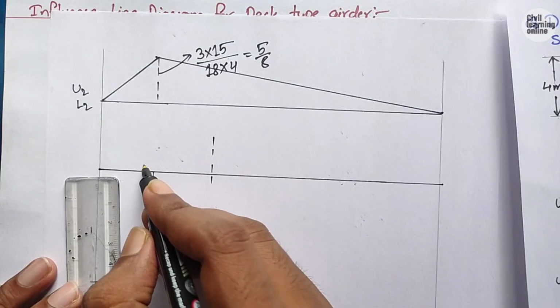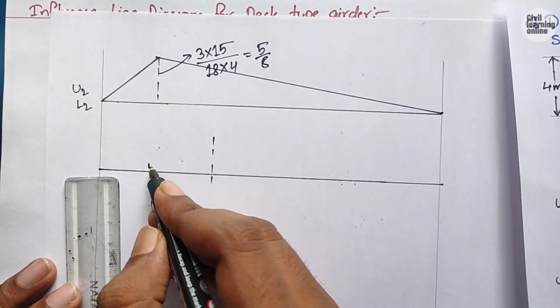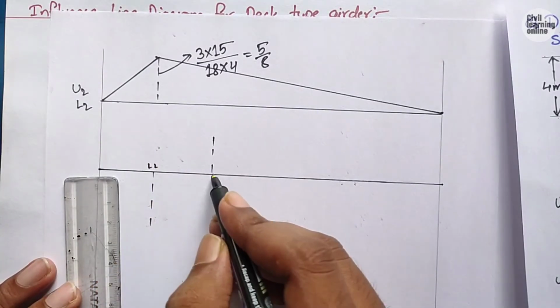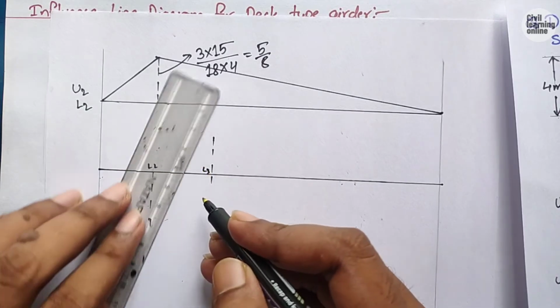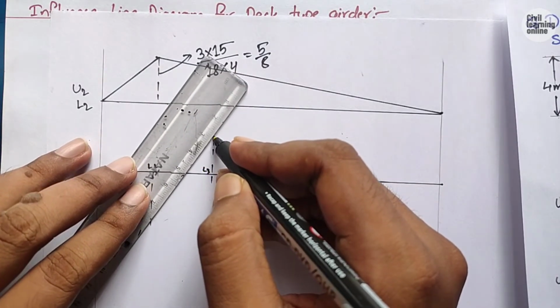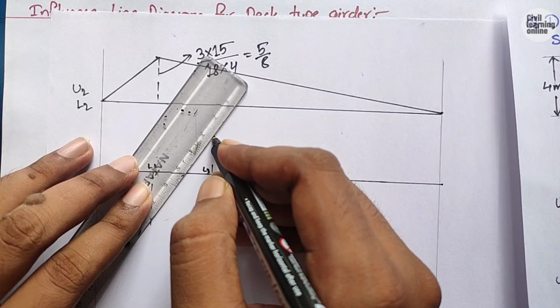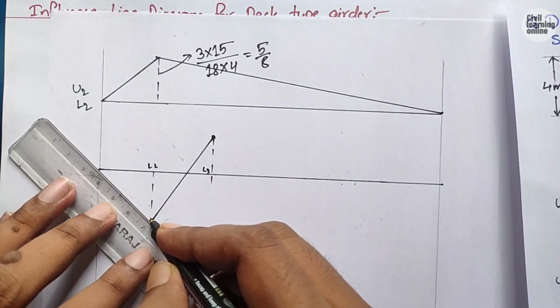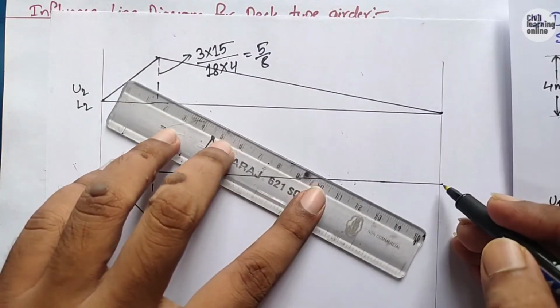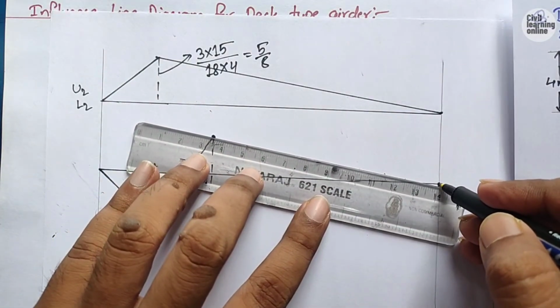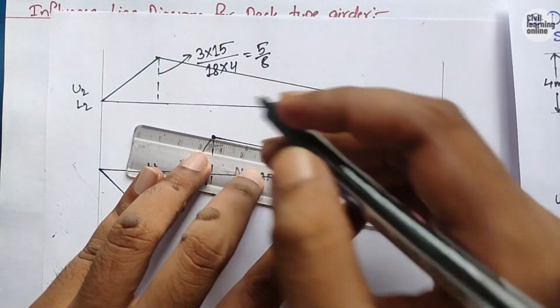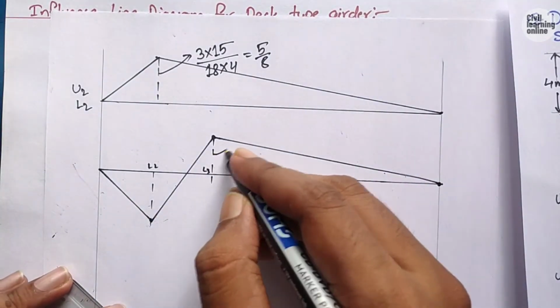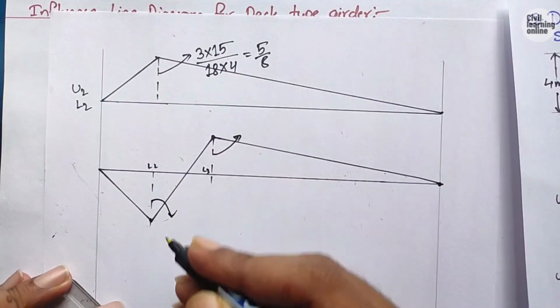This is our point L2 and this is the point L3, and we need to calculate the height of both the triangles here. Now join this and now find the height of this influence line diagram, again the height of this portion.